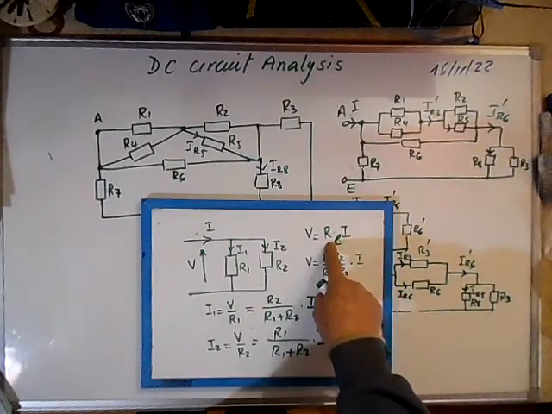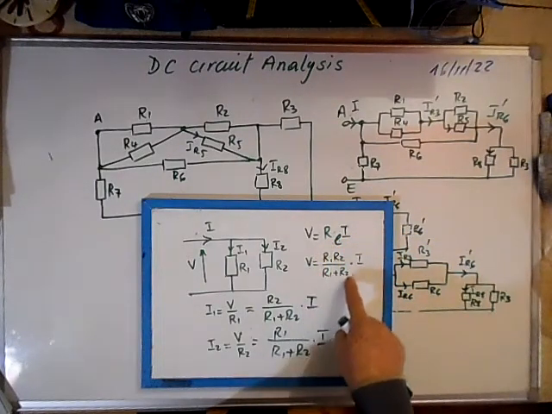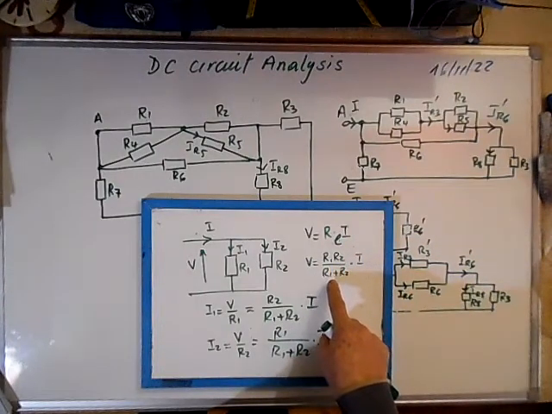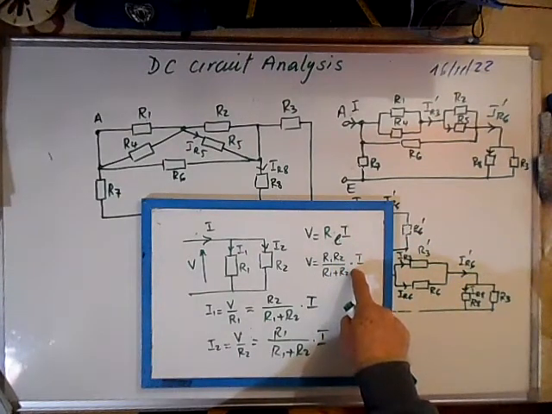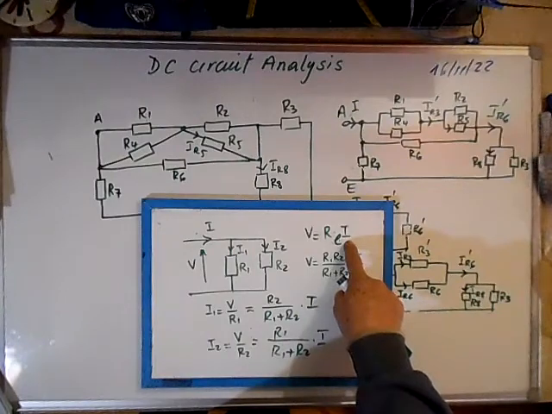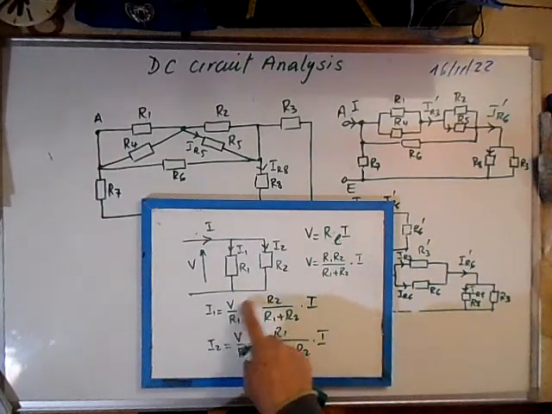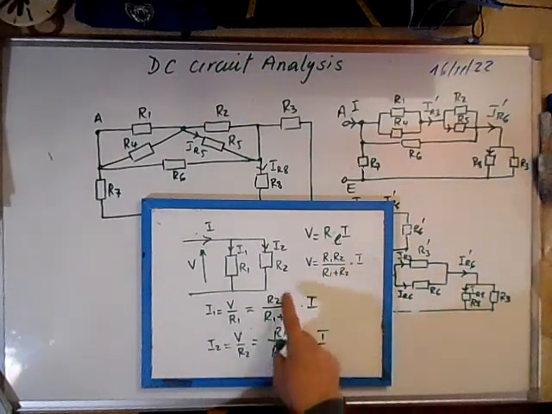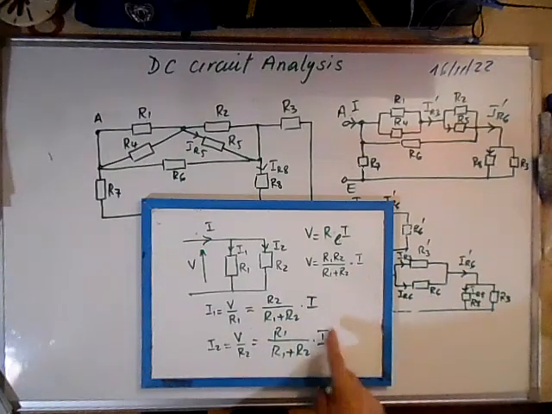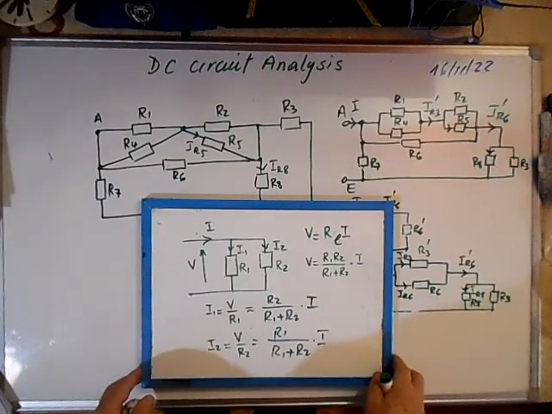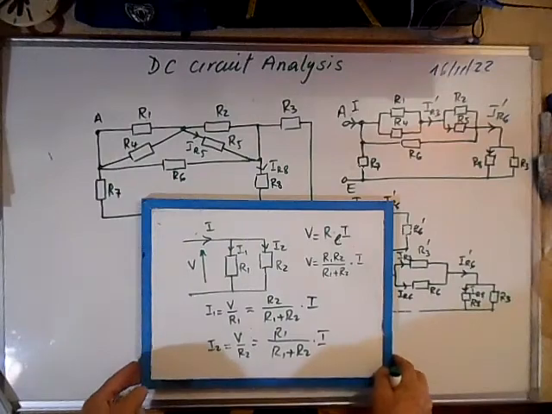The equivalent resistance is R1 times R2 over R1 plus R2, and we multiply it by I and replace V by this expression.